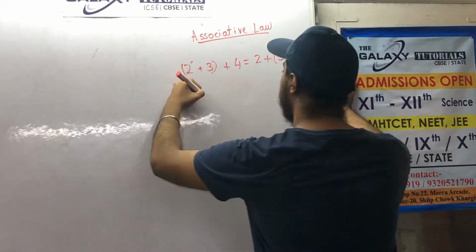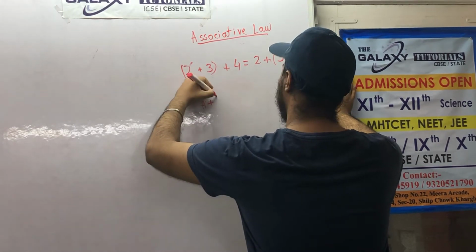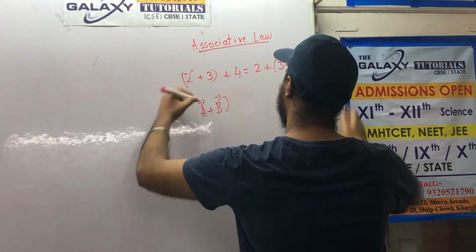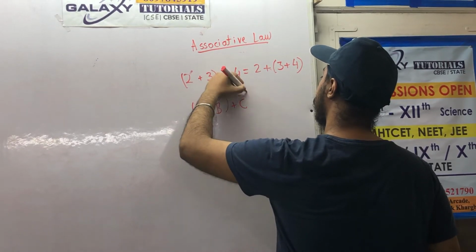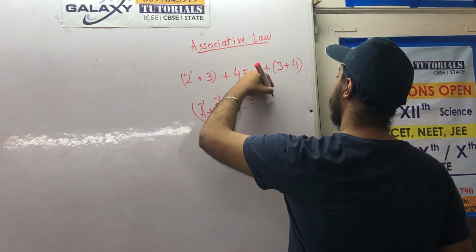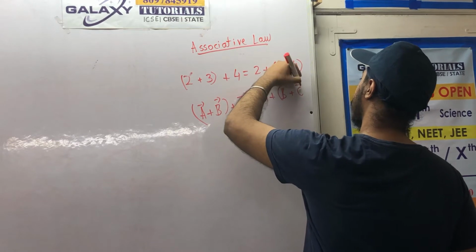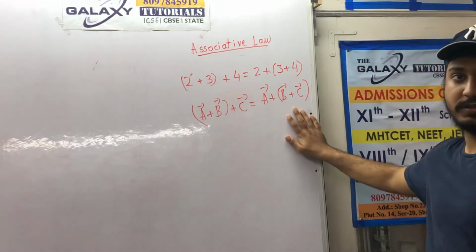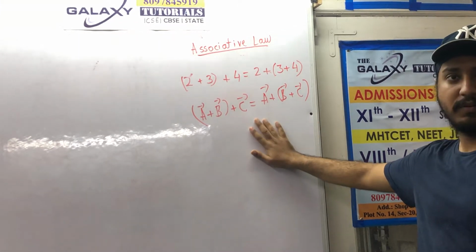So you can say that (vector A plus vector B) plus C is equal to vector A plus (B plus C). Okay, so what is this? This is the associative law.